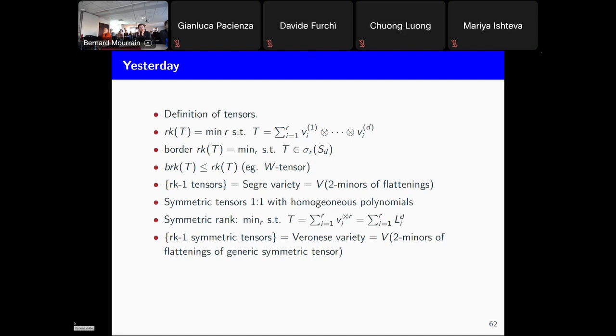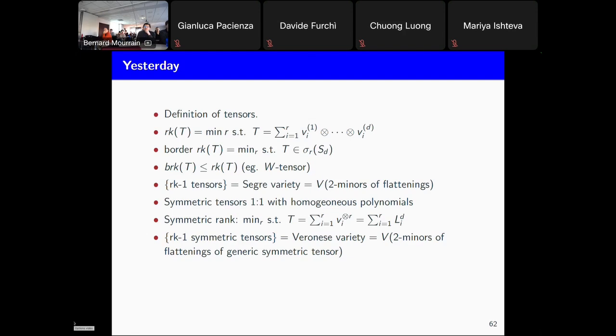And then we realize that there can be two different notions of rank, that is the usual rank, but we also use the border rank, the minimum R such that your tensor belongs to the R-th secant variety of the Segre. The Segre is the variety of rank one tensors, and this is the closure of tensors of rank at most R. And we saw an example.